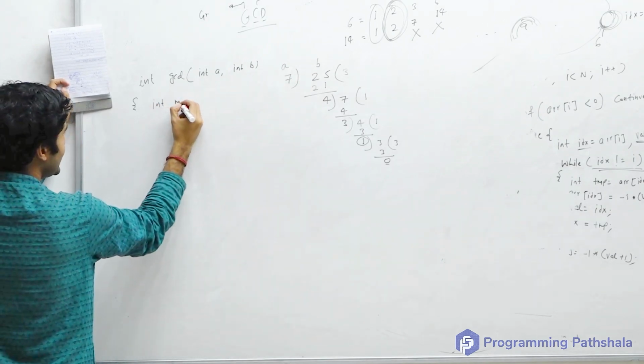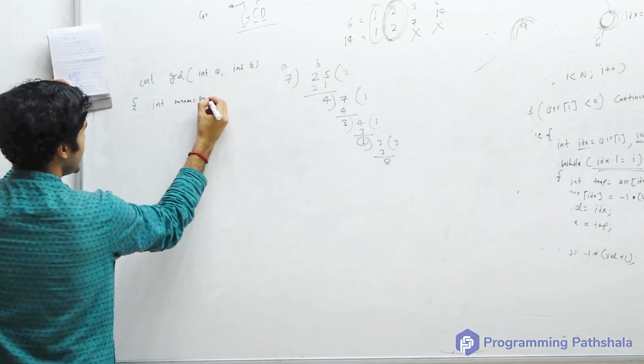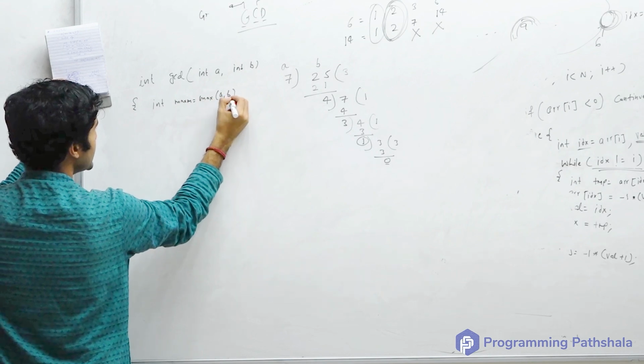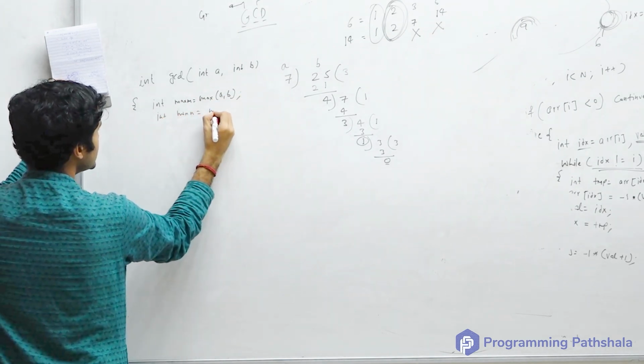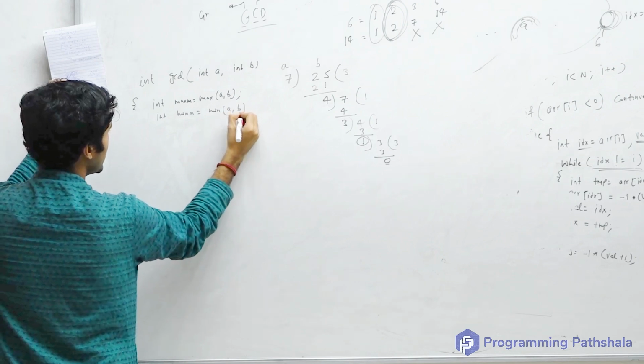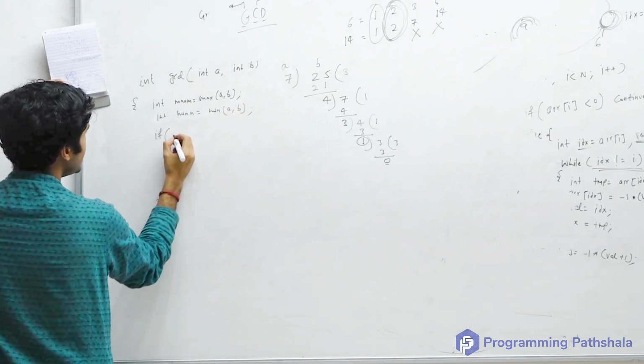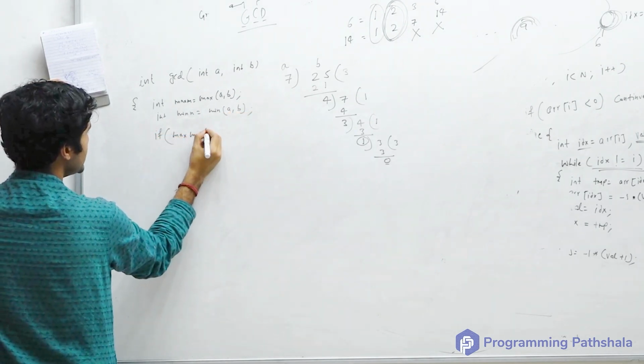You can get maximum by max of a, b, and minimum by min of a, b.